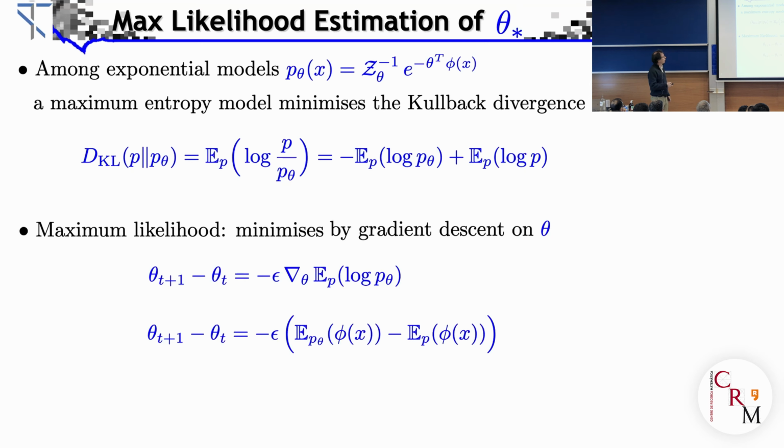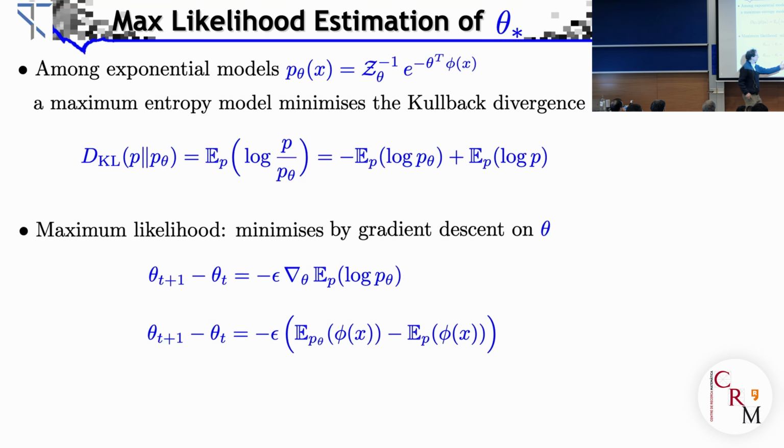Now, in the case where the energy is linear in terms of phi, you can verify that this is going to be a convex quantity as a function of theta. So the gradient descent is guaranteed to converge, and you can compute the gradient of the likelihood relative to theta. The gradient of the likelihood relative to theta will be the difference between the true moments calculated from the distribution P and the moments calculated from the distribution P theta.